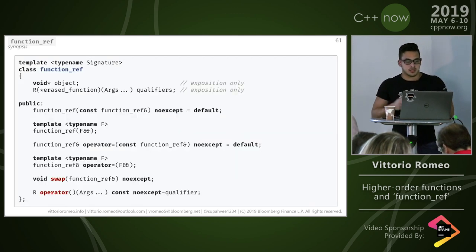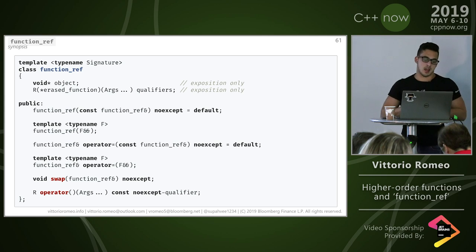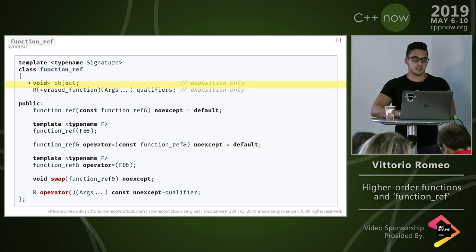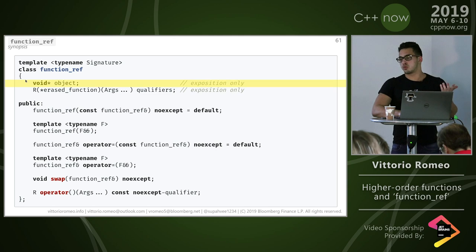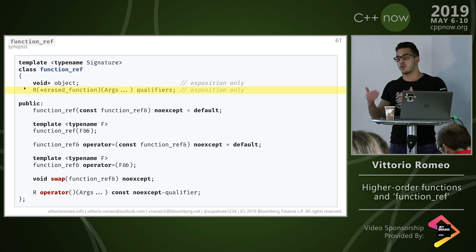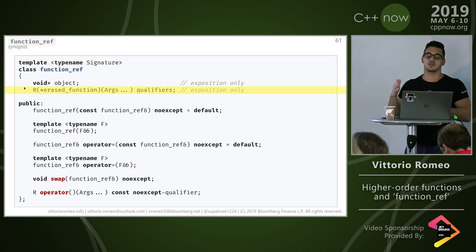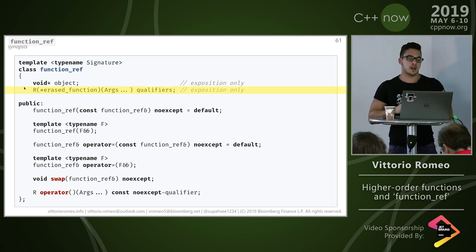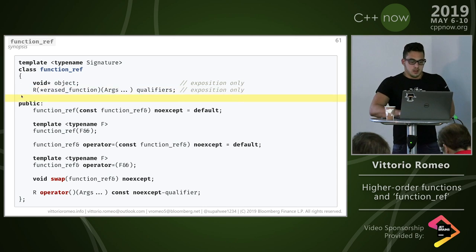This is the synopsis of function_ref, and basically all it is is 2 pointers: a pointer to some callable object, and then a function pointer called erased function, which performs a type erasure and gives you the ability of calling any callable independently of its original type as long as it matches your signature. You can construct it from another function_ref.